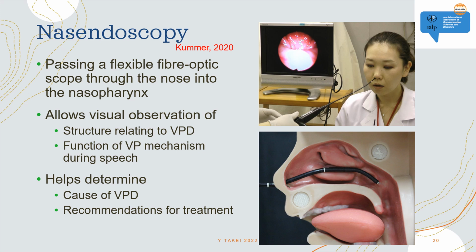In this examination, a flexible fiber optic scope is inserted through the nose into the nasal pharynx, and it allows visual observation of the structure relating to VPD as well as the function of VP mechanism during speech. The results of the endoscopic exam help us determine the cause of VPD and the appropriate recommendation for treatment.